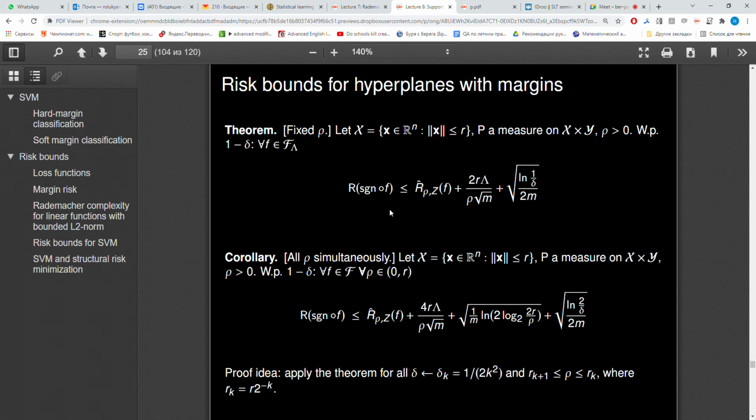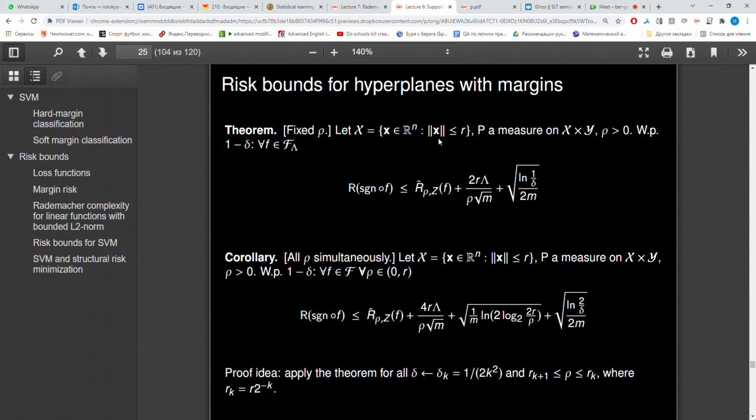It's worth mentioning that we use functions f that belong to the space of bounded norms of vector w.